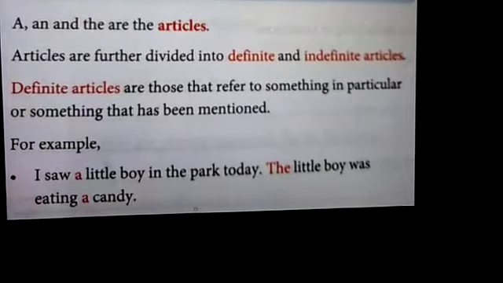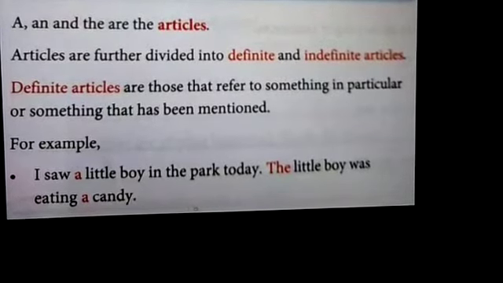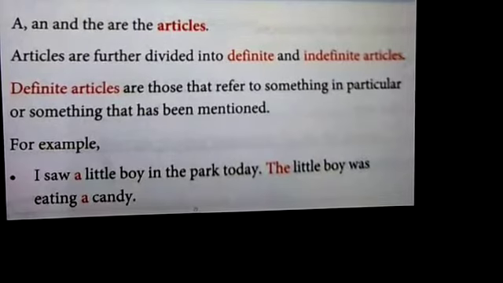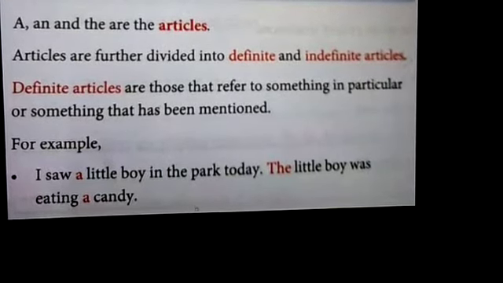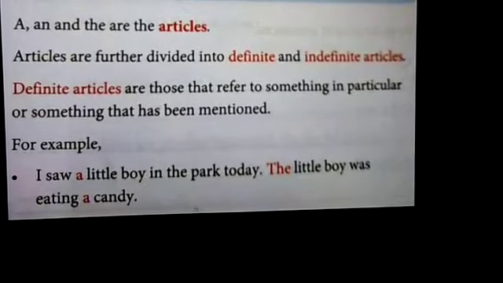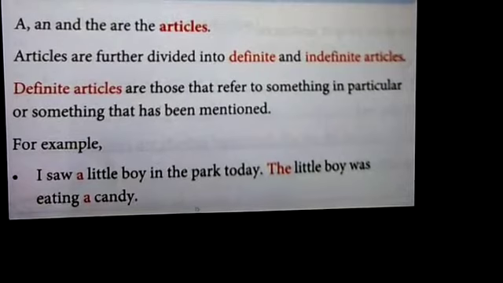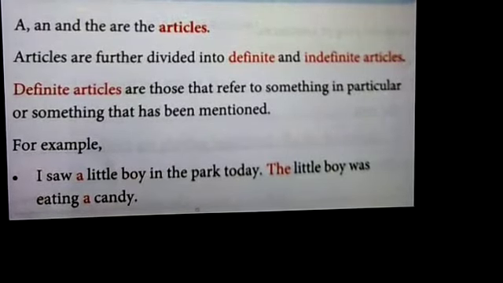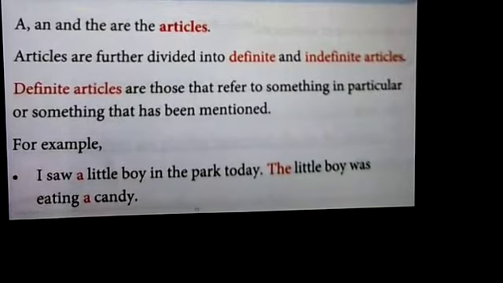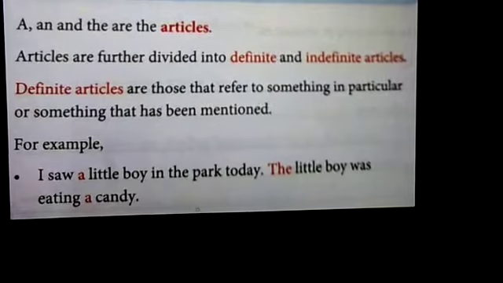Let's see the first one, that is articles. A, an and the are the articles. Articles are further divided into definite and indefinite articles. Definite articles are those that refer to something in particular or something that has been mentioned. For example, I saw a little boy in the park today. The little boy was eating a candy.